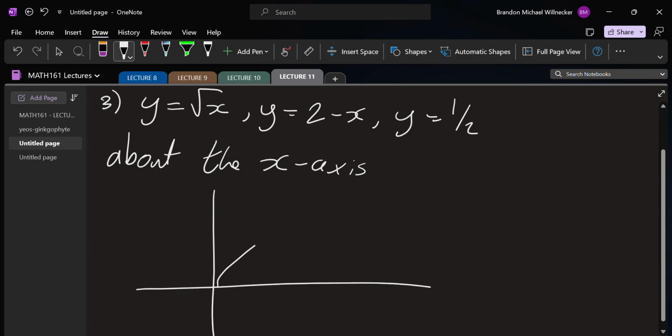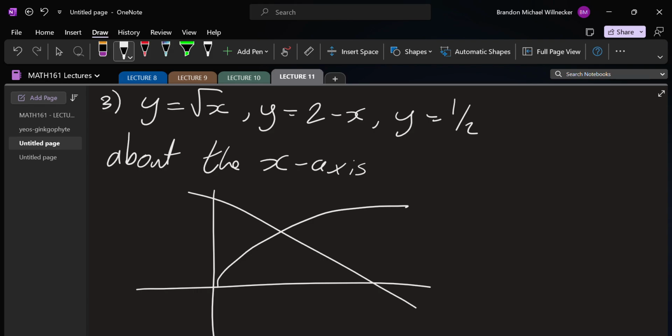So let's sketch this. Root x, that's easy. It's just going to look something like that. 2 minus x, just a straight line with the negative gradient. It's going to be something like that. Y equals a half, they'll be over there. So this point here, that will be at 1, 1. And then that's 0, that's 2.